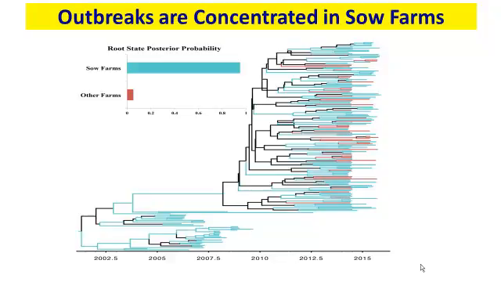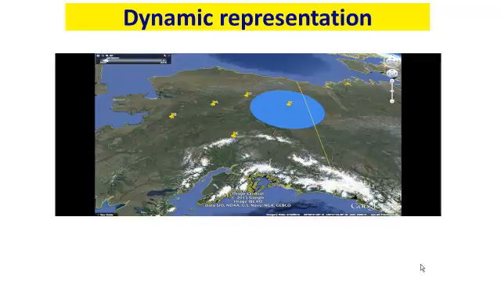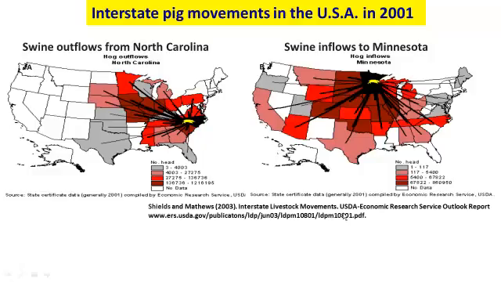Was it a finisher? You can ask if the outbreaks are isolated in a particular production type. And you can look at change over time. This is a very nice little movie, and I'll let Andres show it. And it's clear that this virus moves around.